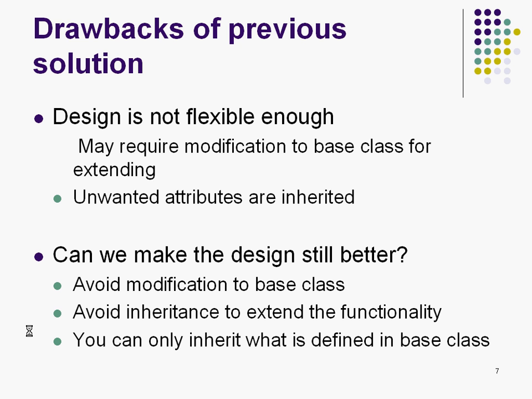So how do we avoid this, or how do we make this design better? If we can avoid this modification to the base class anytime we want to modify something, it will be a much better design. And we want to stop using inheritance to extend the functionality. That's a keyword. We can use inheritance, but we don't want to use inheritance to extend the functionality. We'll come to that a bit later.